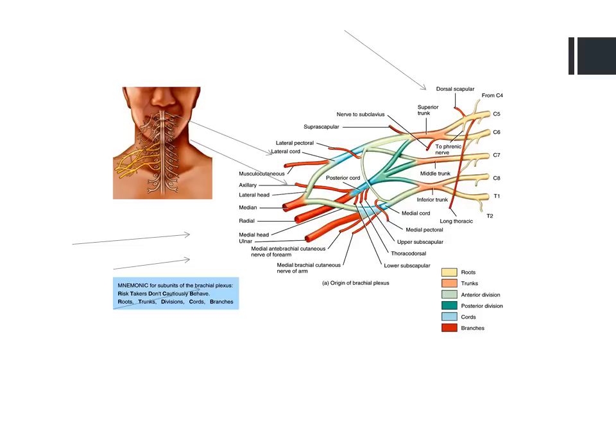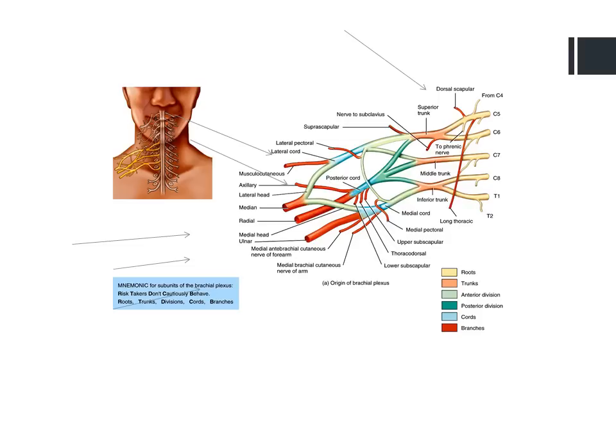So the superior trunk is C5 and C6 combined into one contained sheath. It's called the superior trunk. The middle trunk is all C7. The inferior trunk is combined of C8 fibers, T1 fibers, and then occasionally contribution from T2.